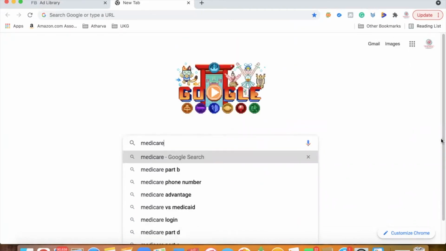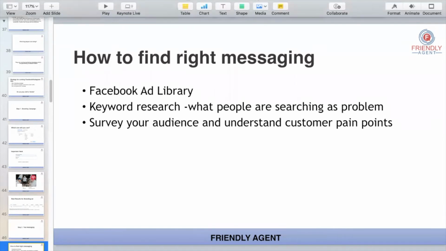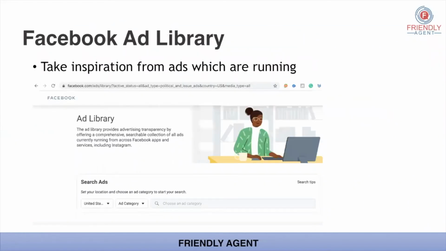Otherwise, there's the Google keyword planner to find out what people are searching on Google, and if you can incorporate the same thing in your ad, then you have a very high chance of conversion. Then there's surveying your audience and understanding their pain points. When you're interacting with your customers, and you hear what kind of pain points they are talking about, you can start incorporating them in these ads and test which one is resonating well.